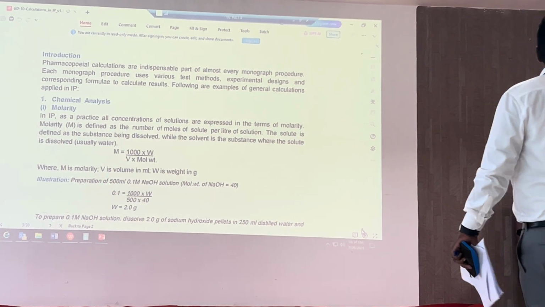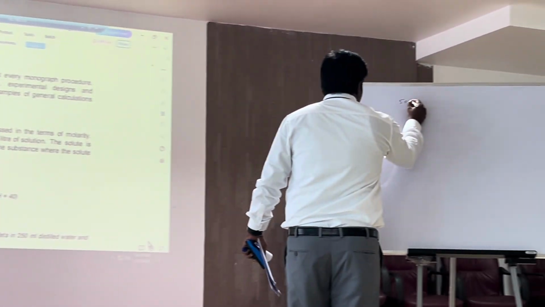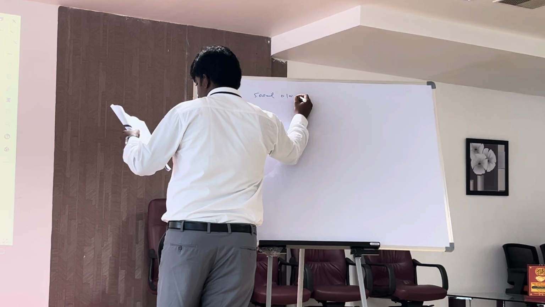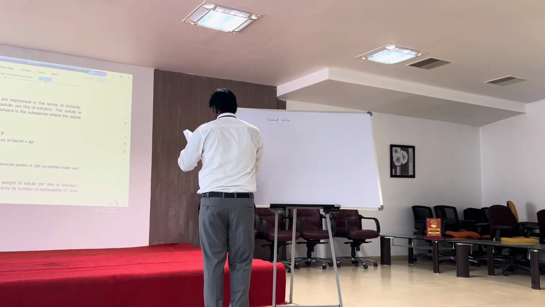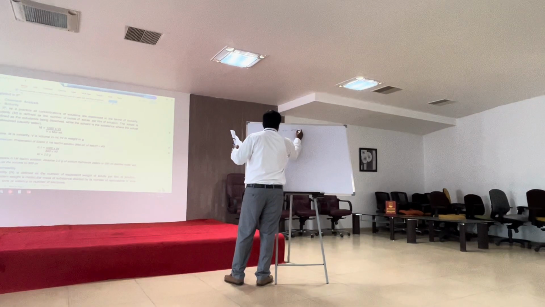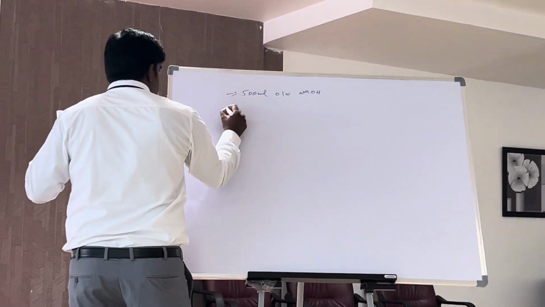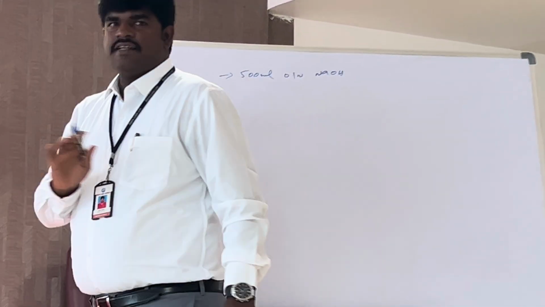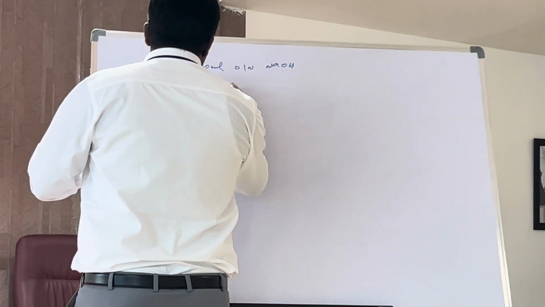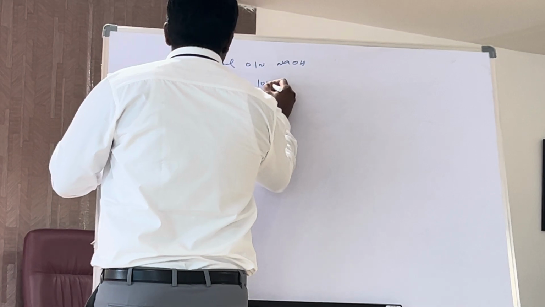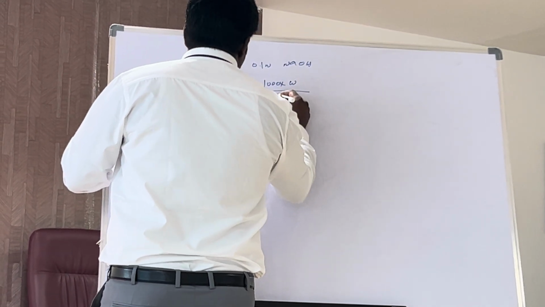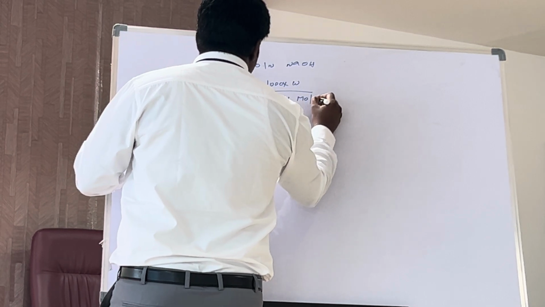If I want to prepare 500 ml of 0.1 normal NaOH, how do I prepare it? There is a simple formula: M equals 1000 times W divided by V times molecular weight.